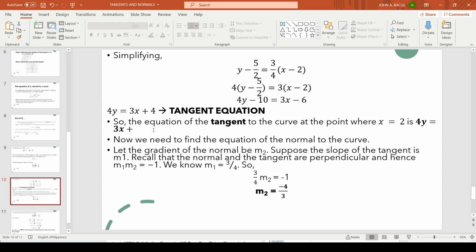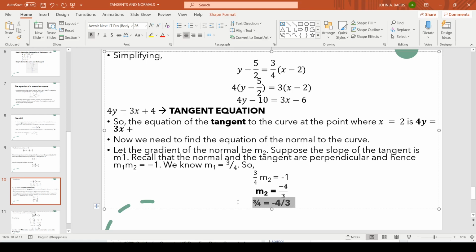Remember that your slope for the tangent is 3/4, so the slope for the normal is the negative reciprocal of 3/4. The negative reciprocal of 3 over 4 is negative, then the reciprocal is the inverse, 4 over 3. So that is now your slope for the normal equation.